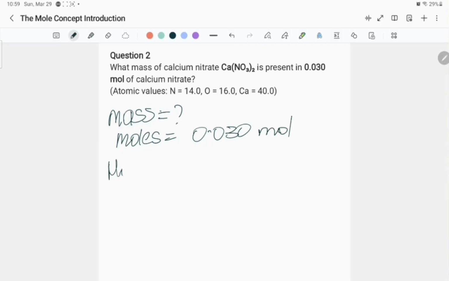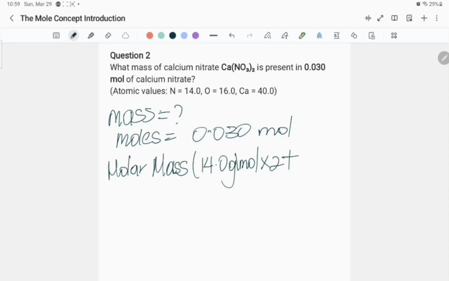We could find the molar mass by using the atomic values. Nitrogen is 14.0 grams per mole times how many nitrogen atoms in this compound? We have 2.